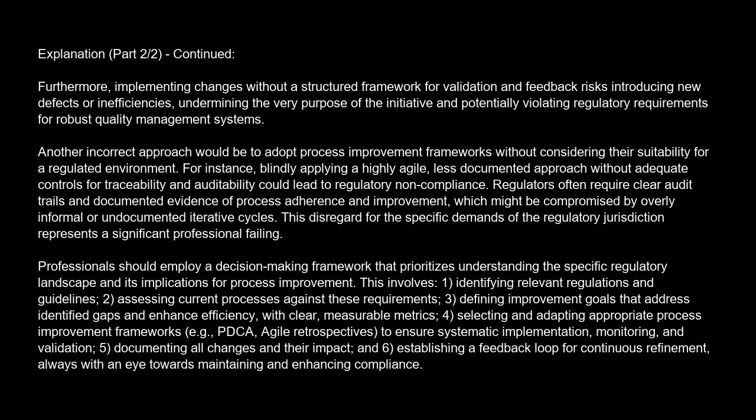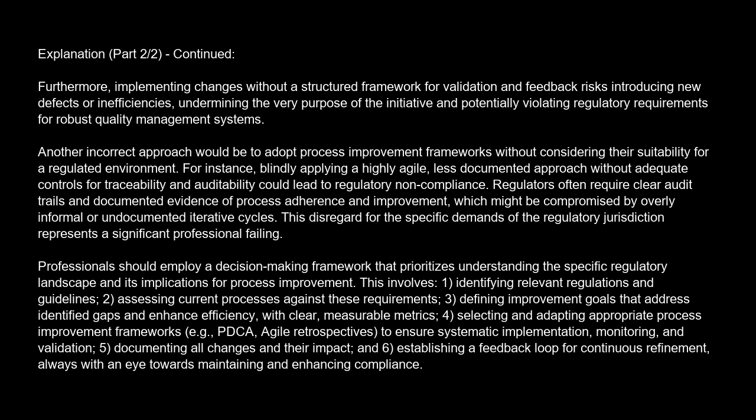Professionals should employ a decision-making framework that prioritizes understanding the specific regulatory landscape and its implications for process improvement. This involves: 1. Identifying relevant regulations and guidelines. 2. Assessing current processes against these requirements. 3. Defining improvement goals that address identified gaps and enhance efficiency with clear, measurable metrics. 4.